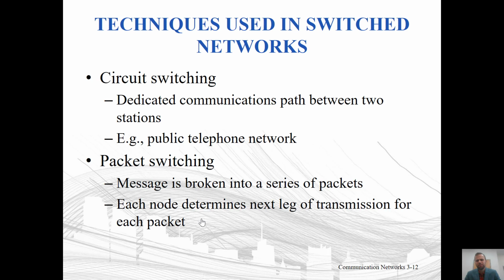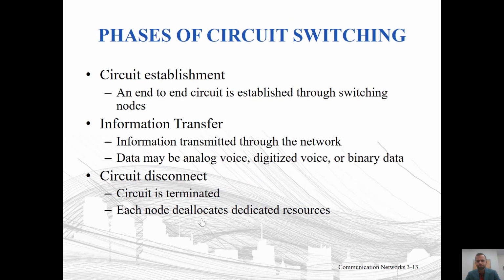A public telephone network would be a good example of a circuit switching network. In a packet switching network, the message is broken into a series of packets, and each node determines the next leg of transmission for each packet. So it's just like what it sounds like. The message is broken up into packets, and then the node determines where it gets routed to.